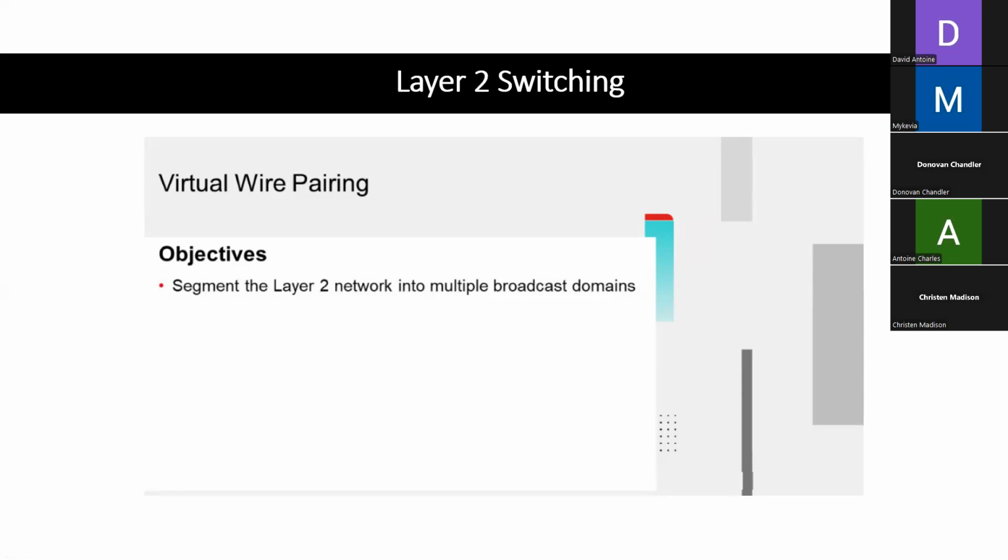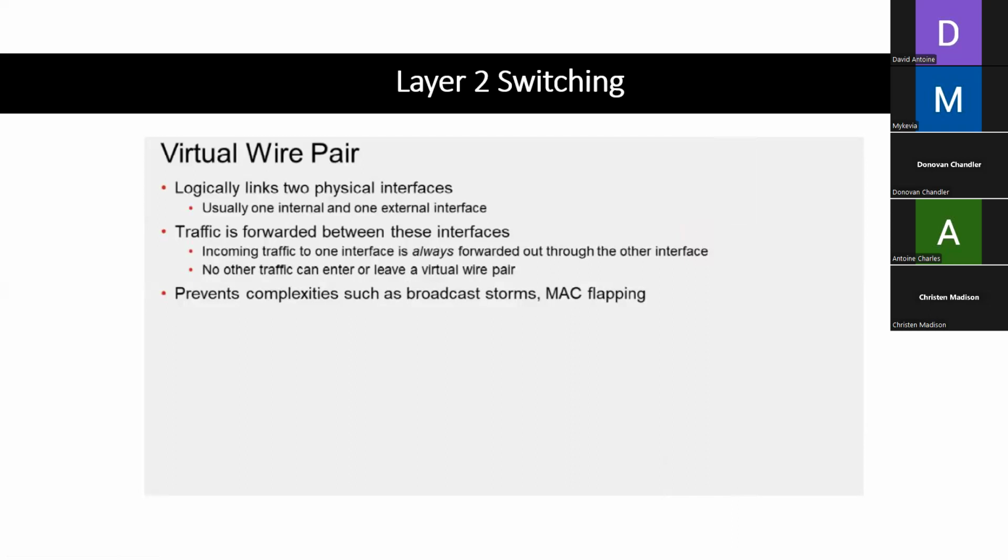Let's jump on in, and you'll see pictures of how this looks. I'll explain it. VW, or virtual wire pairing, is when you have two physical interfaces, port A and port C. A FortiGate at its core, if it's out of the box layer 3, has each interface as its own broadcast domain.